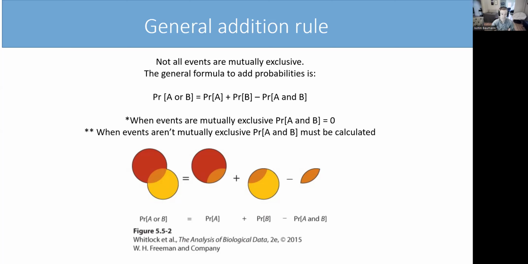What you need to know is that if there is mutual exclusivity, the chance of them both happening at the same time is just 0. So we can cross that out. So if we have mutual exclusivity, we just don't have this bit, or we just call it 0, right? And that's what you see below. When events are mutually exclusive, the probability of A and B is 0. When events aren't mutually exclusive, you've got to calculate the probability of both.